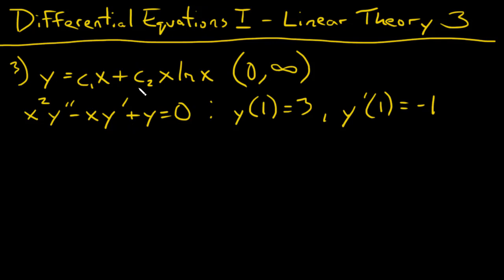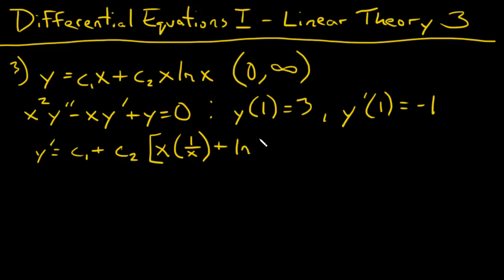So we'll start off by taking the derivative of y equals c1 x plus c2 x natural log of x. I get y prime is equal to c1 plus c2 times, first times the derivative of the second, x times 1 over x, plus the second, natural log of x, times the derivative of the first, which is 1.